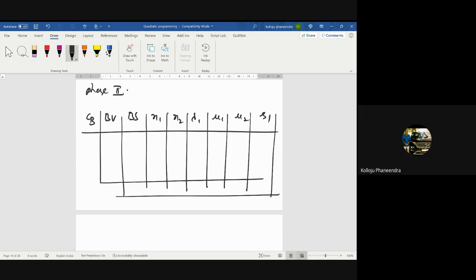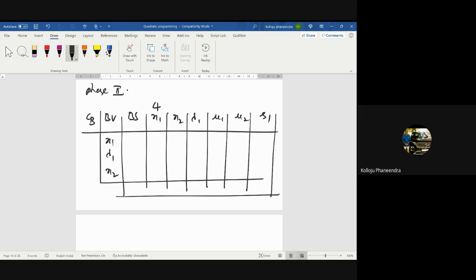What are the basic variables? x1, lambda 1, x2. What are the costs? Now you have to change the cost of the variables. Original cost of x1 in the given problem? It is 4.